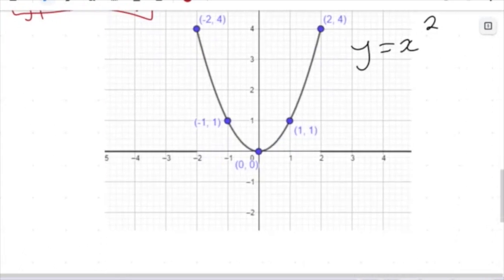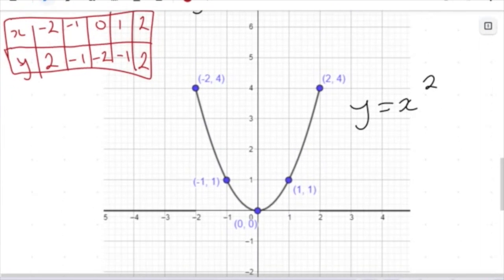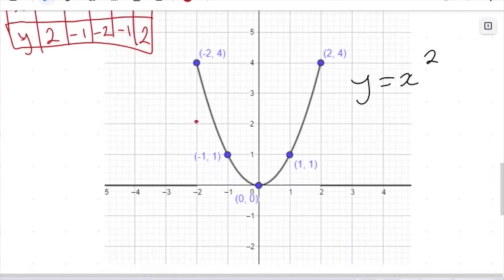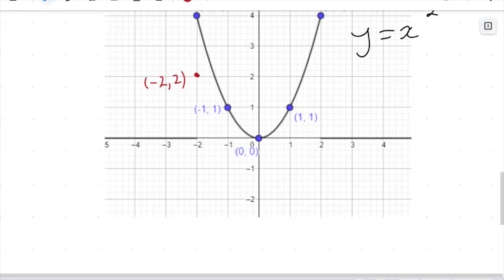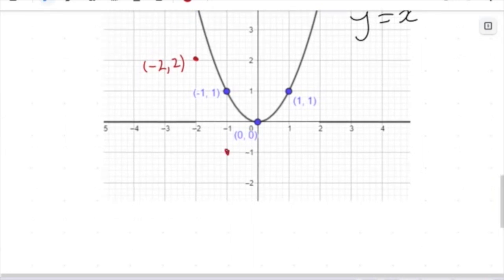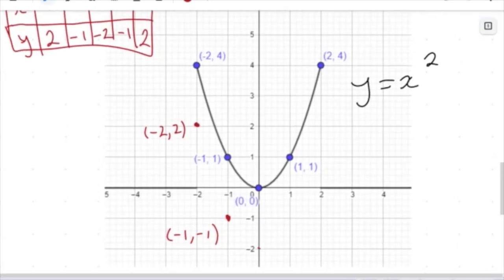So I have -2, 2. We have -1, -1. I have 0, -2.